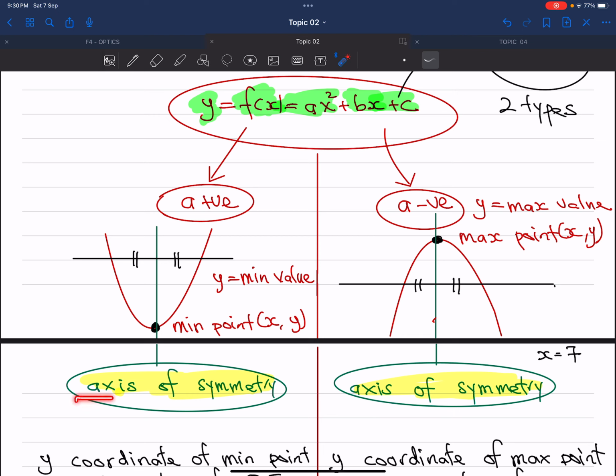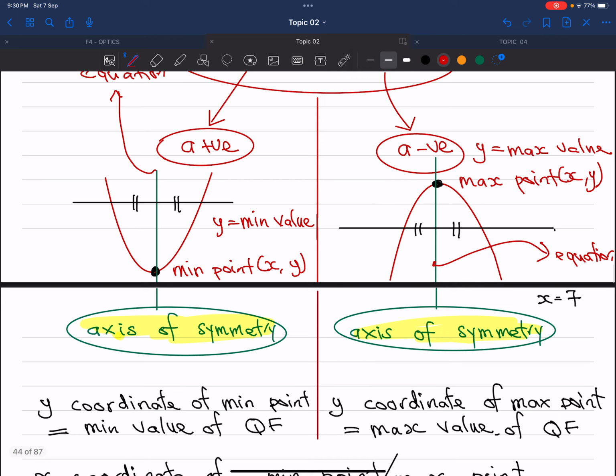And this axis of symmetry has an equation. We are going to find out about the equation.